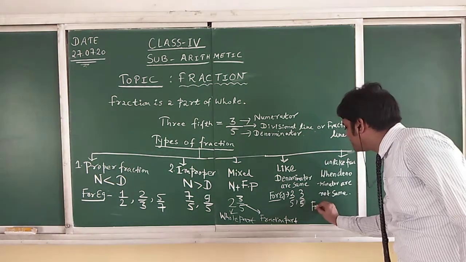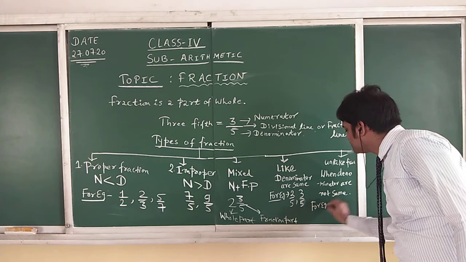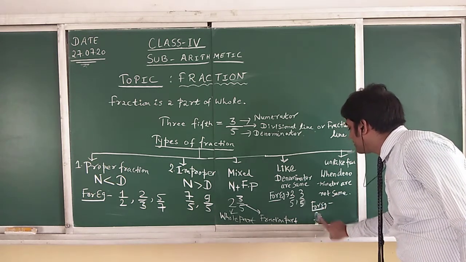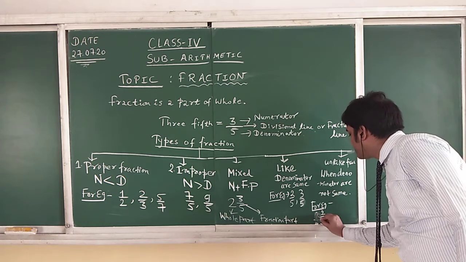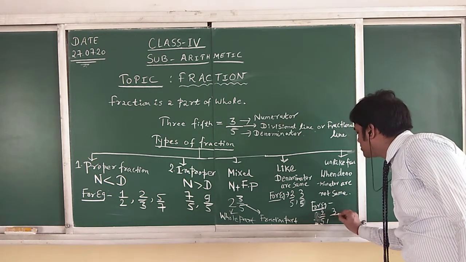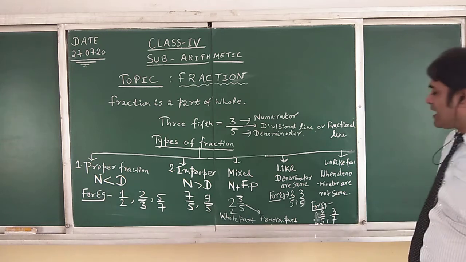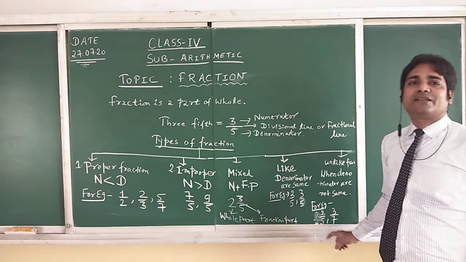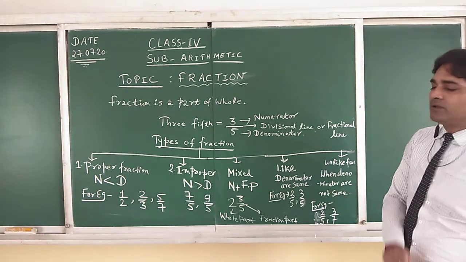For example, one fraction is 2 upon 5 and another fraction is 3 upon 7. So these are unlike fractions because we see here the denominators are not the same.